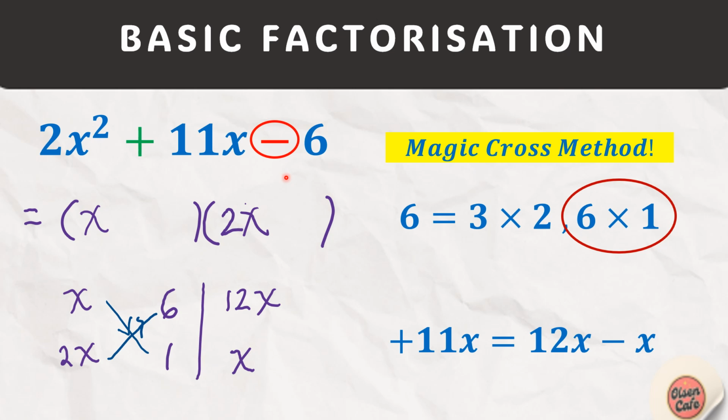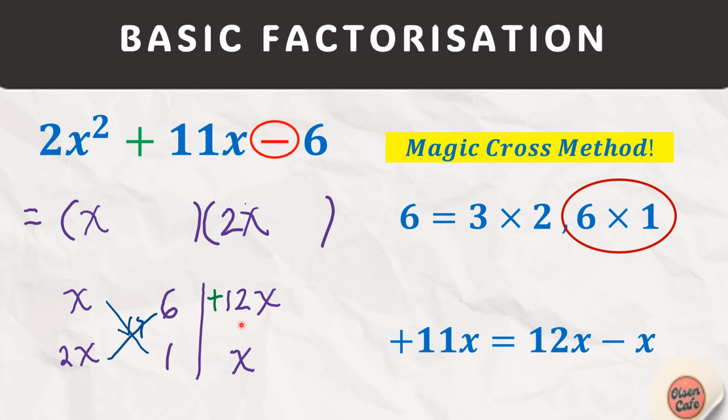So if you have watched my earlier video, you will know that since this sign is negative, the sign inside the two brackets has to be different. So how do I know where I should place the negative sign? Again, I'm going to use Olsen Big Brother law. Since the sign in front of the 11x is a plus, this sign here should follow the big brother. So who is the big brother between 12x and x? The big brother is 12x.